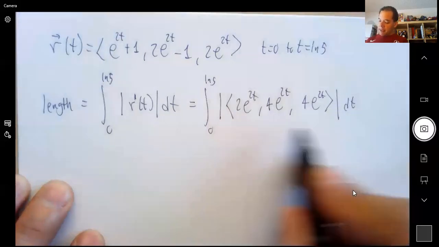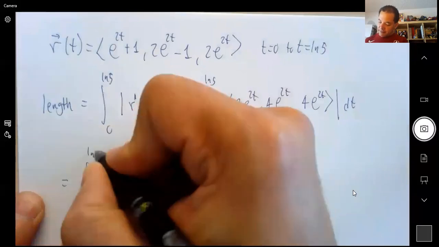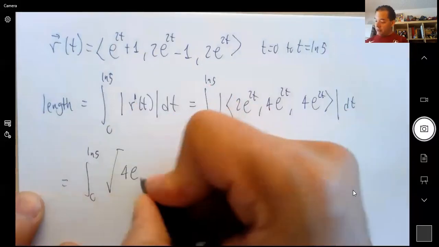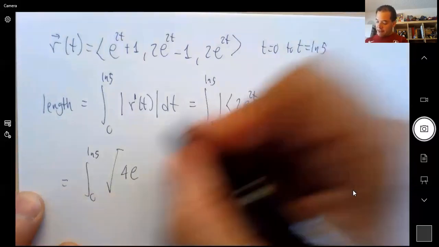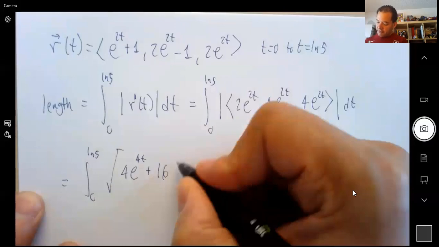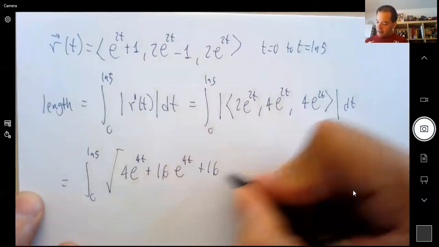Then how do we get the magnitude of that? Well, that's the square root of this one squared. So that's 4e to the 4t plus this one squared, that's 16e to the 4t, plus this one squared, and that's another 16e to the 4t.